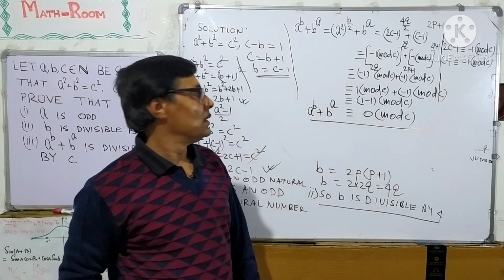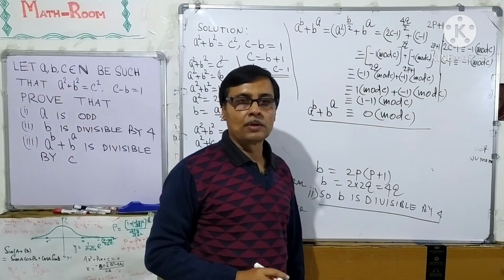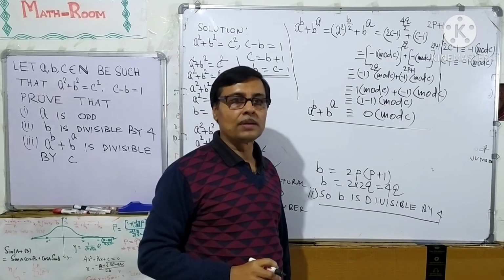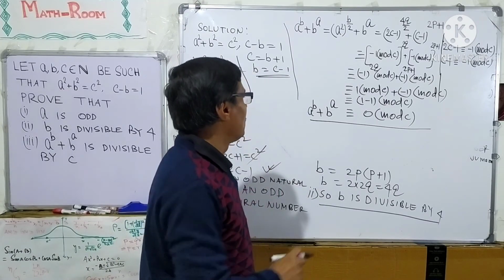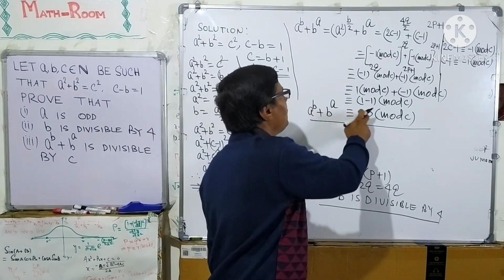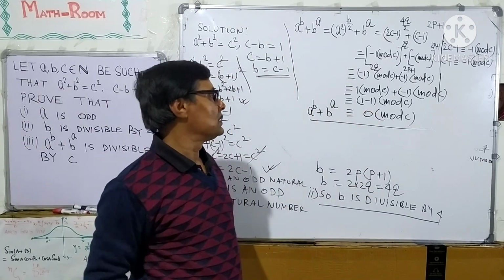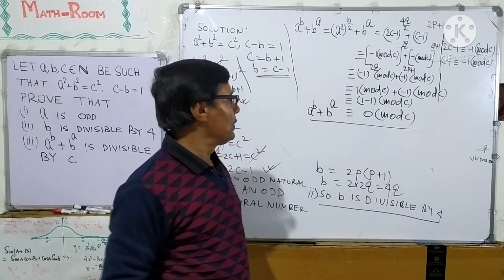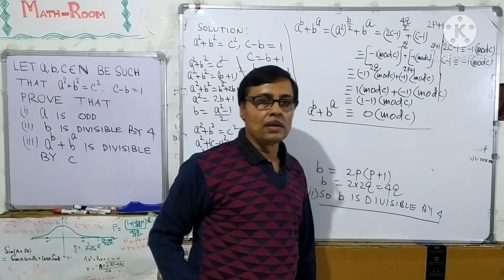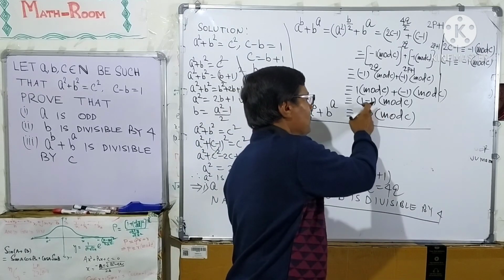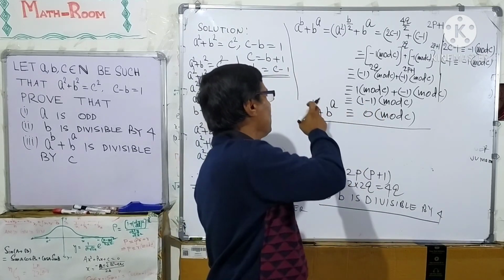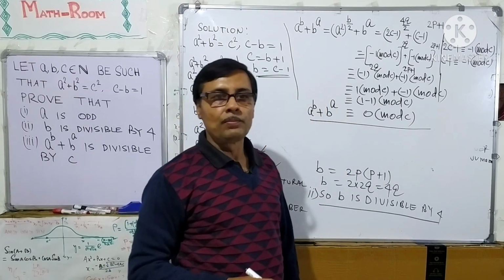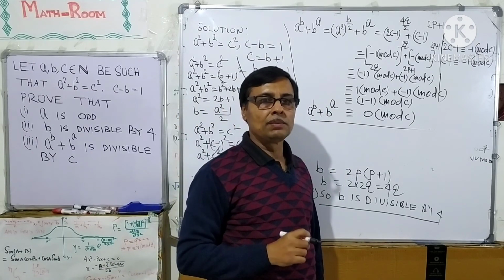That means a to the power b plus b to the power a is completely divisible by c.